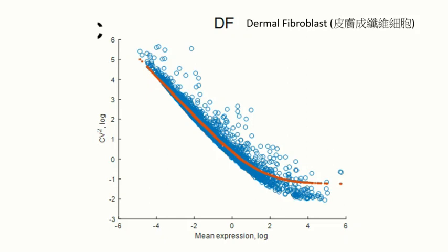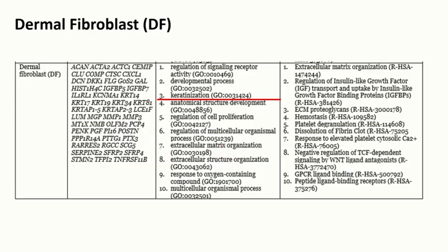Again you see some genes jump out from the curve, and the top 50 are those ones. The one that caught my eye was this keratinization.